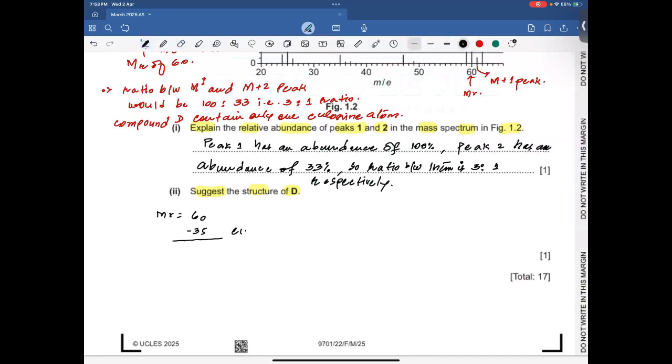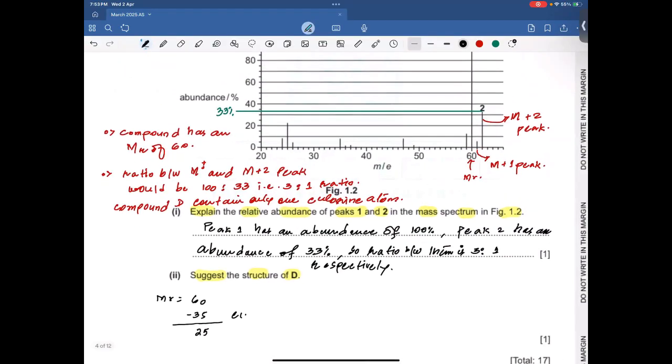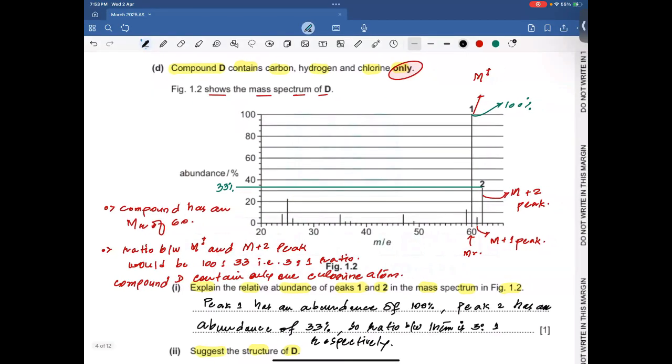Now 25 contains both carbon and hydrogen atoms, right? How many carbons? How would I know that? We have one peak at 24, and that indicates that we have two carbon atoms.